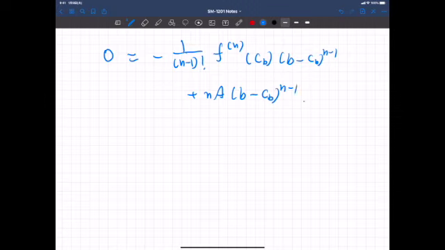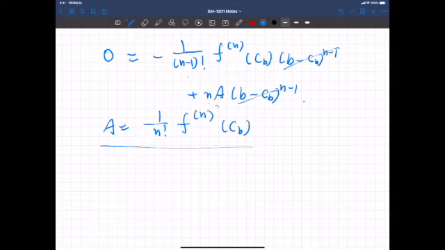Okay, so we can solve this for A. This part will be cancelled, and dividing by n, we have n factorial, and A is equal to 1 over n factorial times the nth derivative of f evaluated at c_b. So that's the value of A.